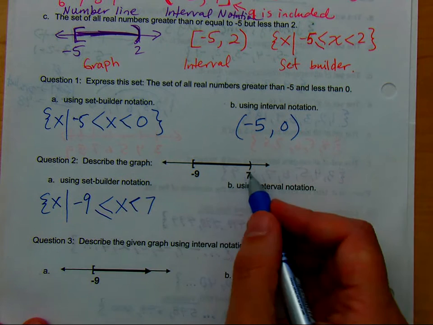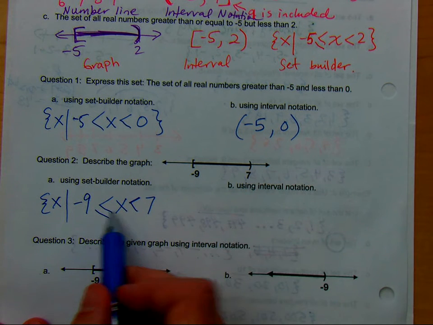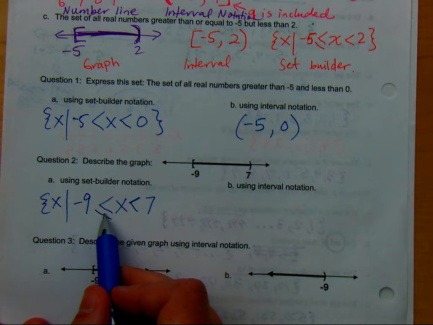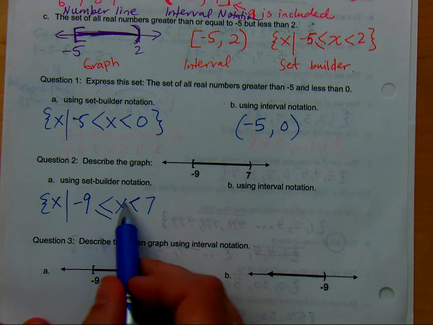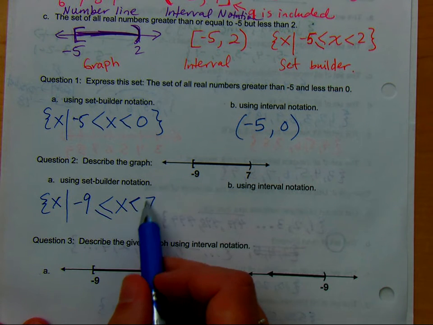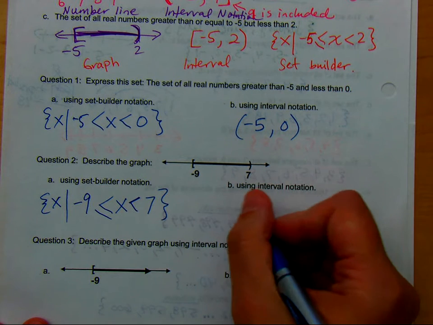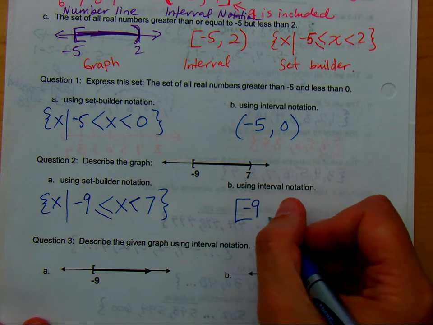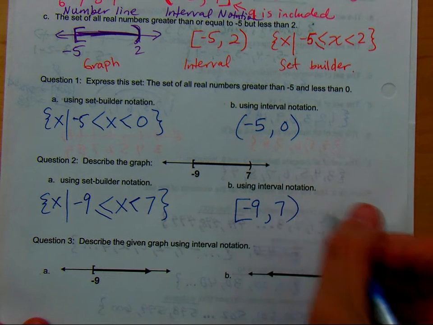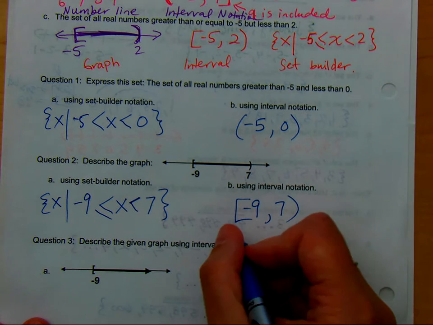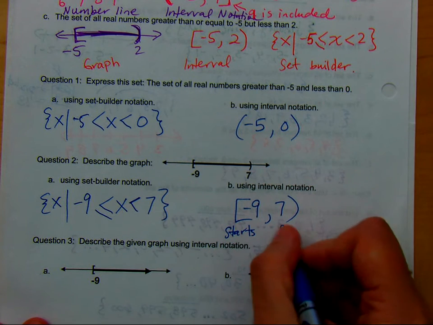Less than, right? x is in between, so -9 is less than or equal to x, which is less than 7. And then the interval literally comes from the graph. -9 is included, 7 is not, and we can see where it starts and where it stops.